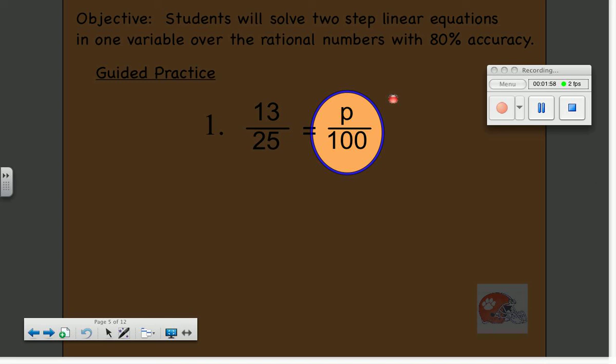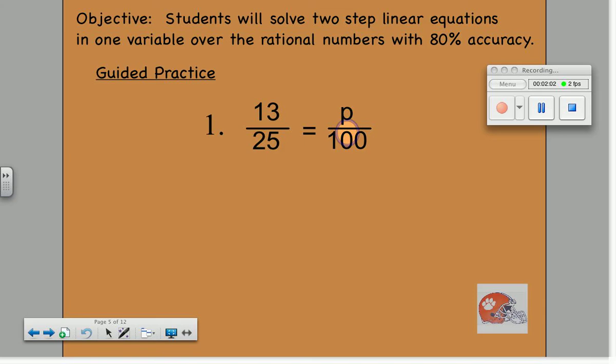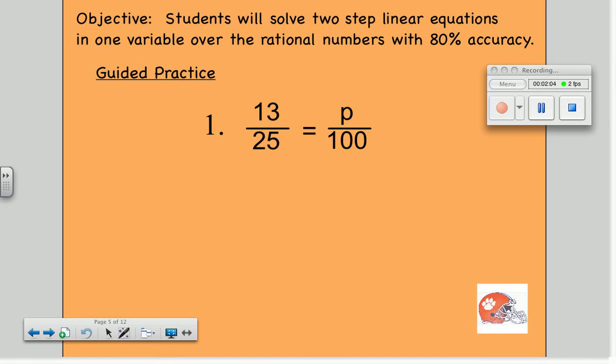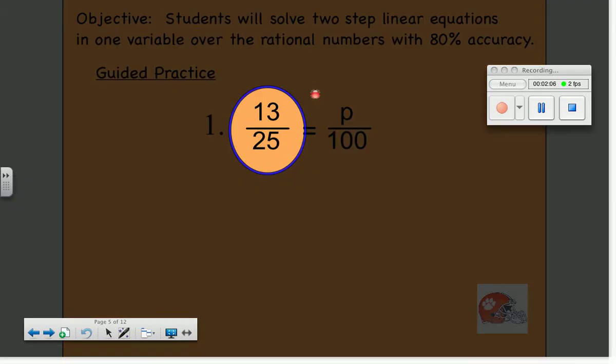Now, what number am I searching for the percent of? Well, that's the other part. I'm searching for the percent of 13 out of 25. So let's think of some scenarios where we would have 13 out of 25. If there's 25 questions on a test and you got 13 right, what percent did you get on that test?